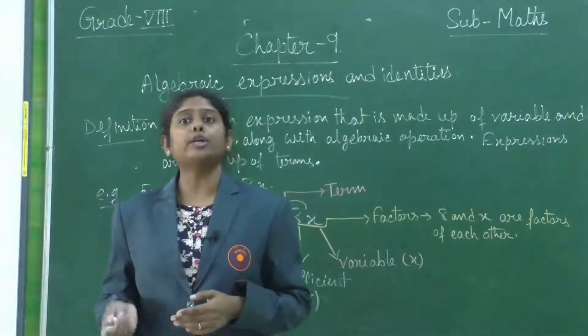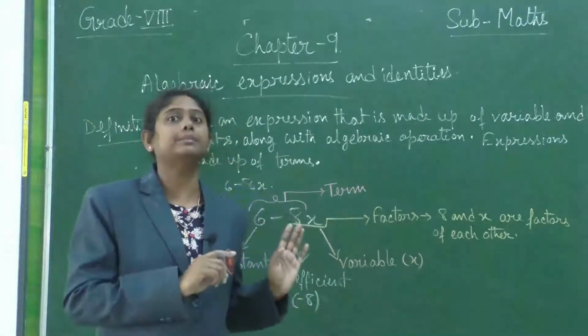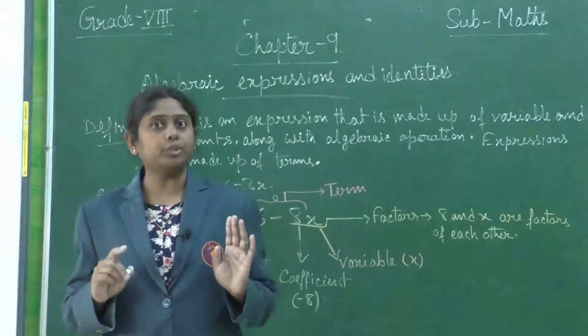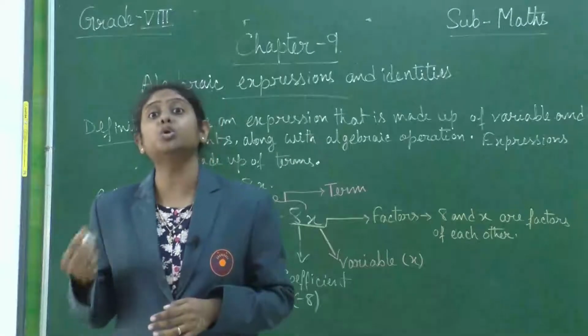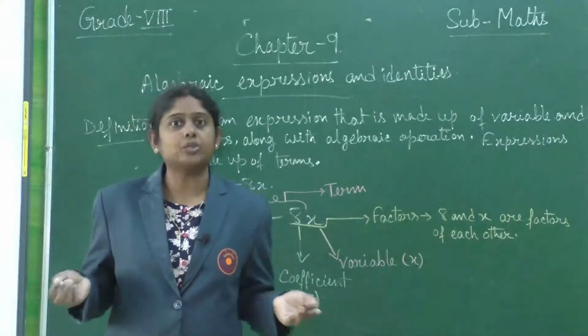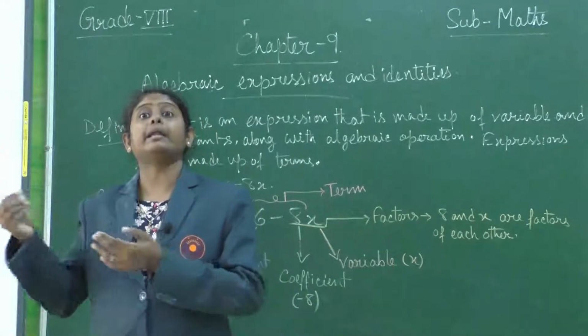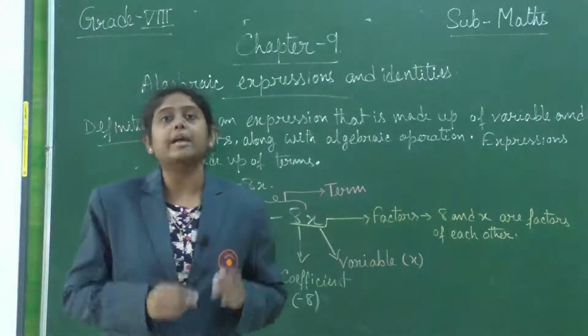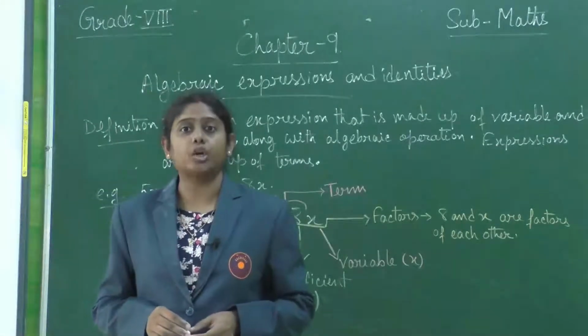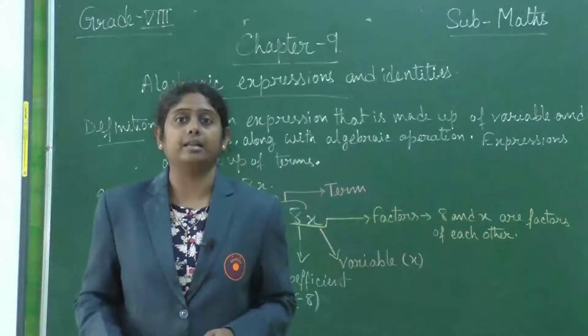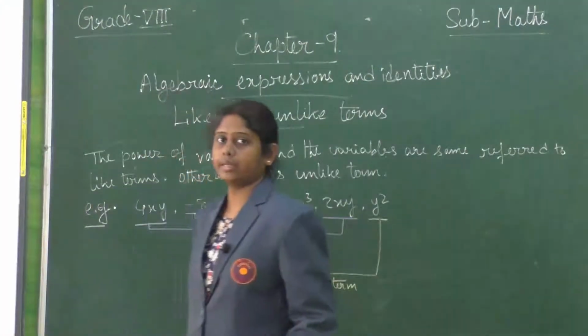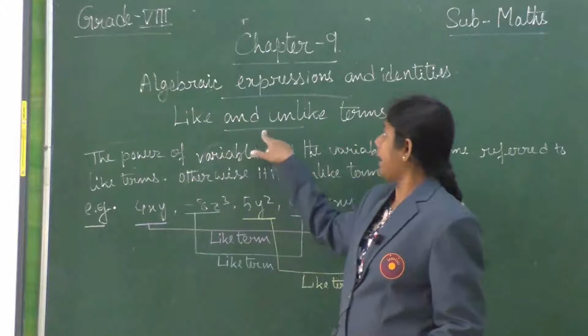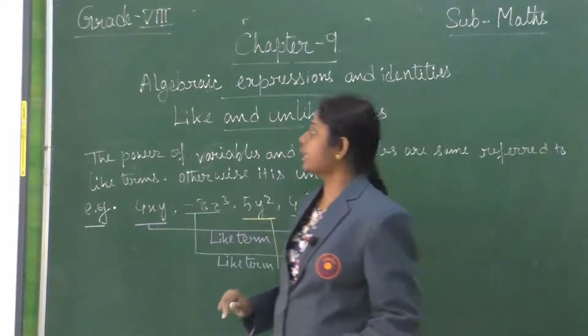Next, polynomial, means in the algebraic expression there are more than 2 terms. It can be 3, 5 or n number of terms. This type of algebraic expression we call polynomial.